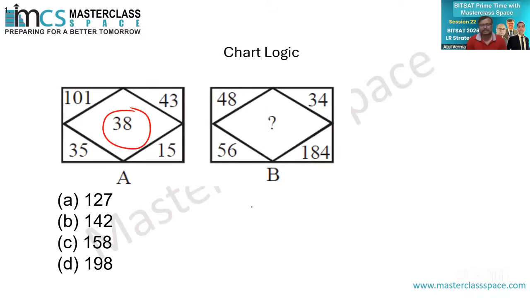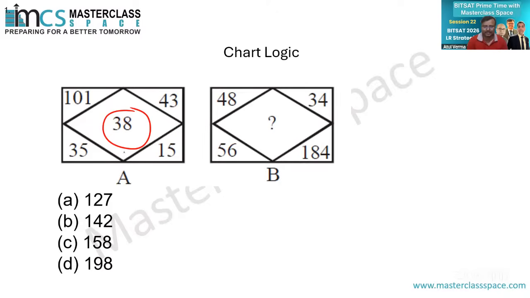This center number doesn't seem a very big number, frankly. So in such a case, it gives you a hint that if it is not a very big number, it must be a difference of something. Now, what can it be a difference of?